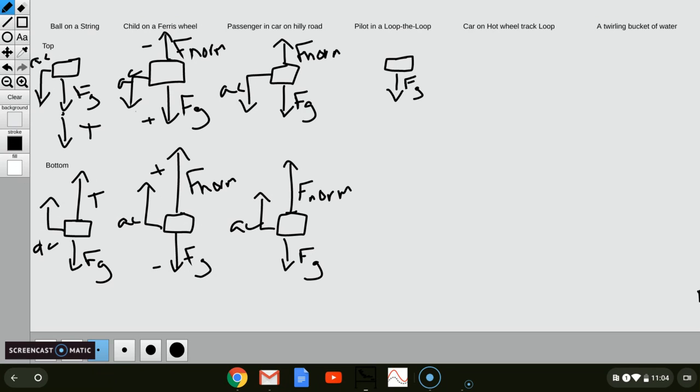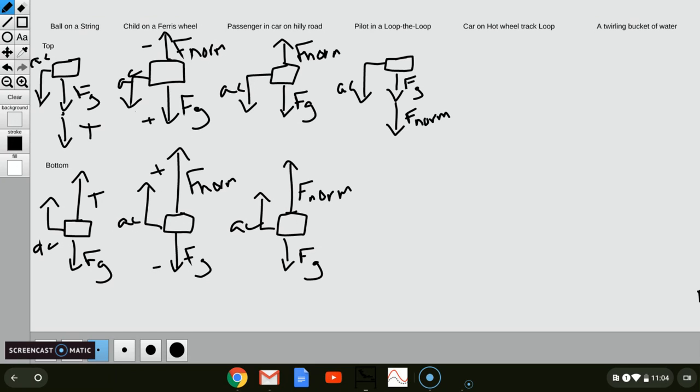So the bottom of the airplane, the cockpit, whatever you want to call it, is actually pushing him down. That means that that's the normal force. In this case, the normal force is actually pushing him down, and so we get our centripetal acceleration down this way.